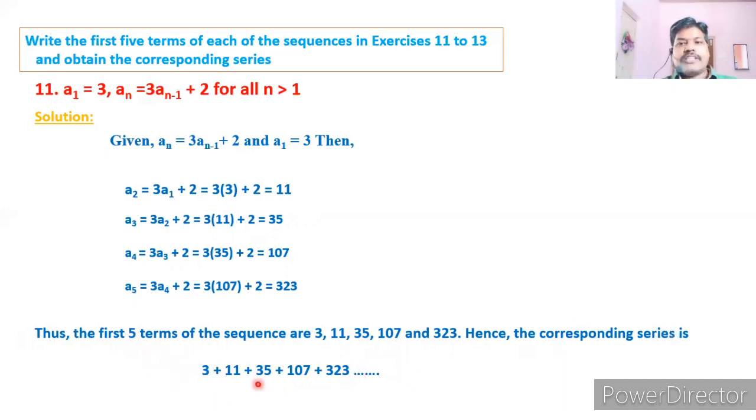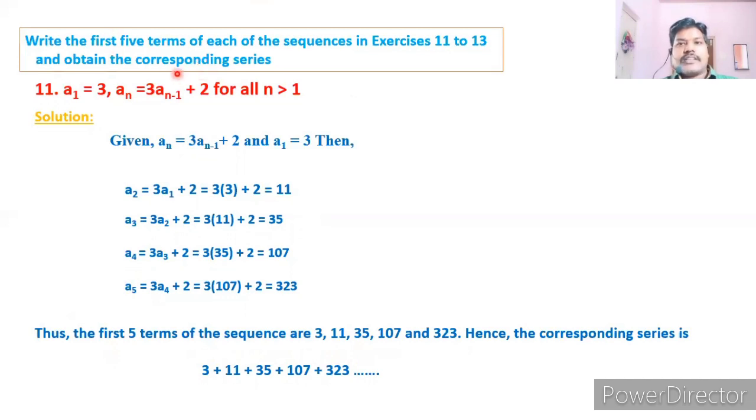The sum of the sequence is nothing but the series. So you have to write down the series also: 3 plus 11 plus 35 plus 107 plus 323 plus and so on.